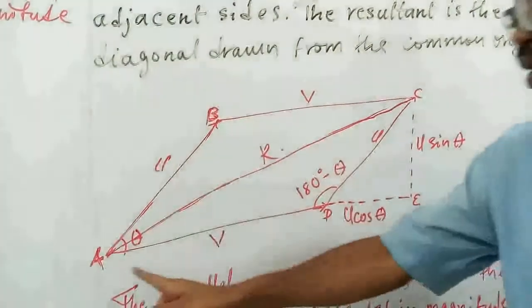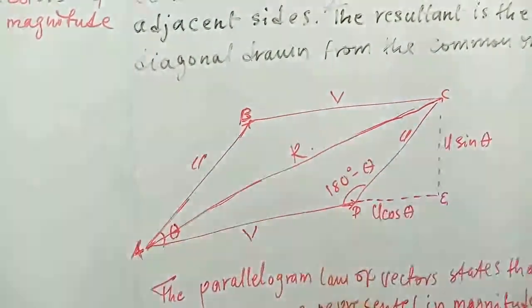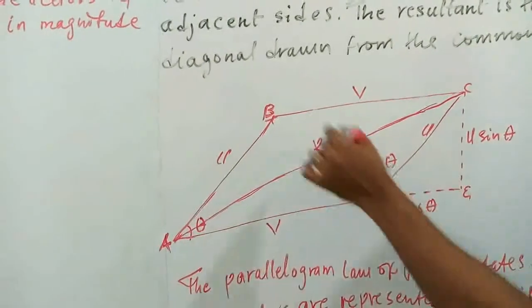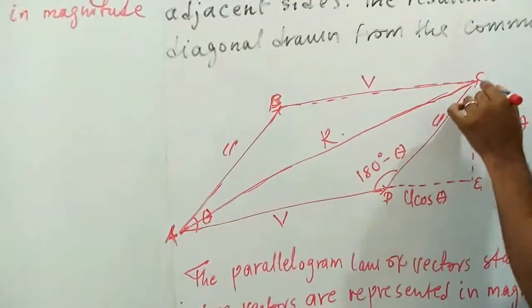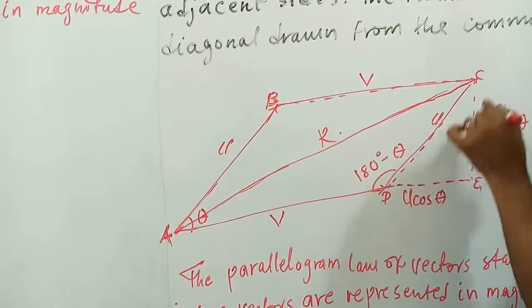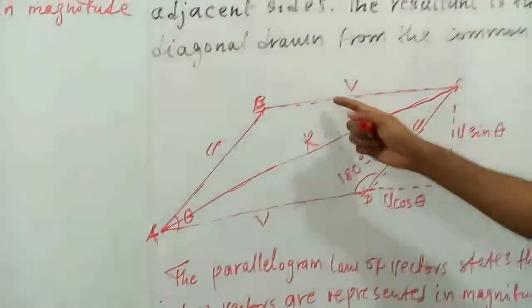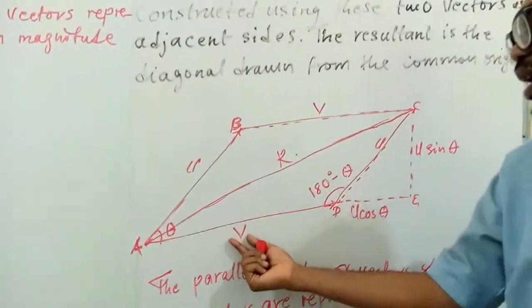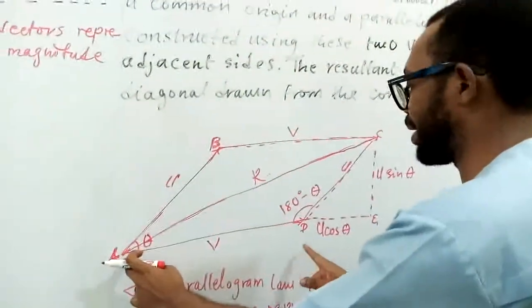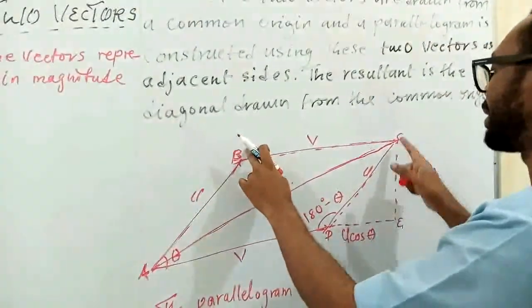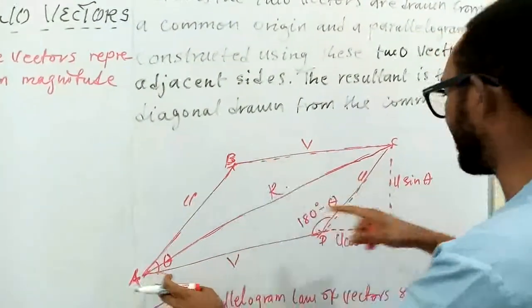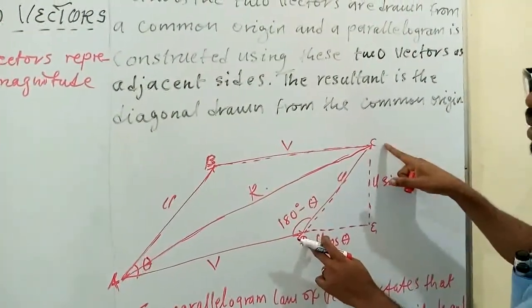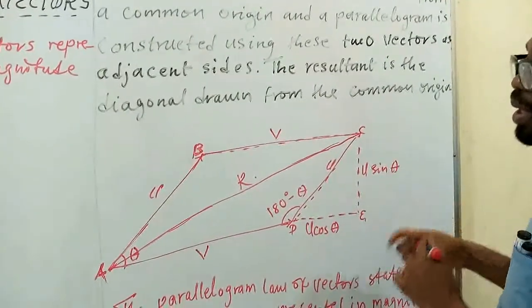Now from this vector, they have their common origin from that point. So we had to sketch this. This is like a mirror image of this. So you have V here. The length from A to D is the same as the length from B to C, right? And the length AB is the same as the length DC. You see, for a vector.